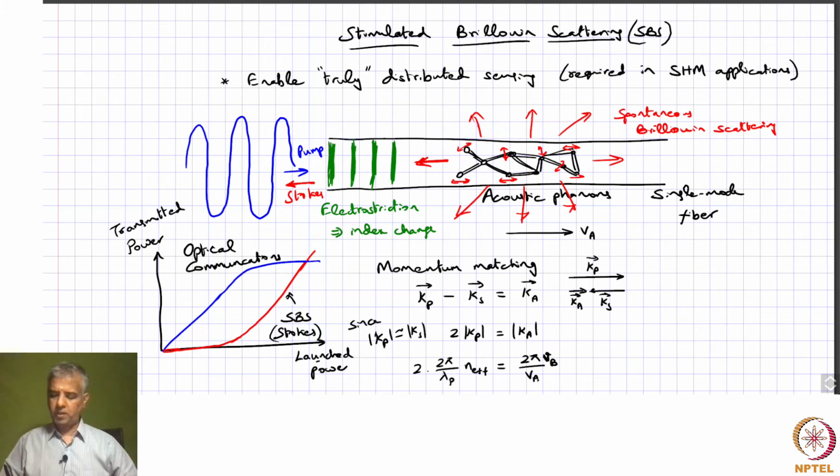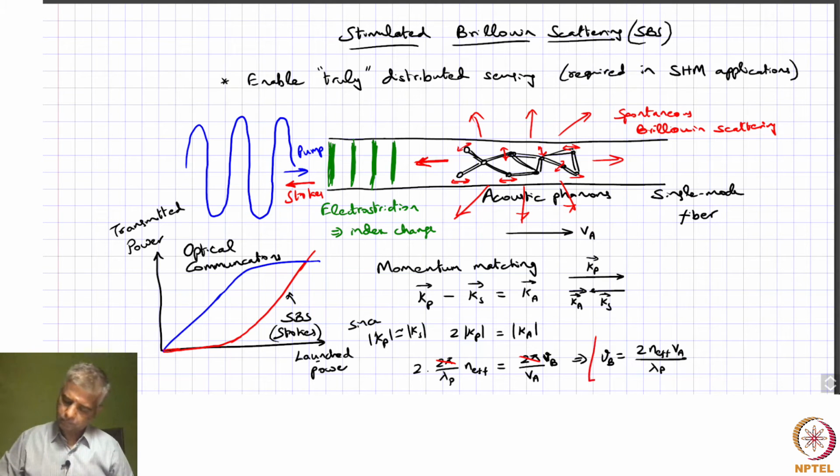So, you have a 2 pi nu b over Va term, where nu b corresponds to the frequency of these acoustic phonons, right. So, this you can simplify, and you can get an expression for nu b, where you can basically cancel this, and so you get 2 times N effective Va divided by lambda p.